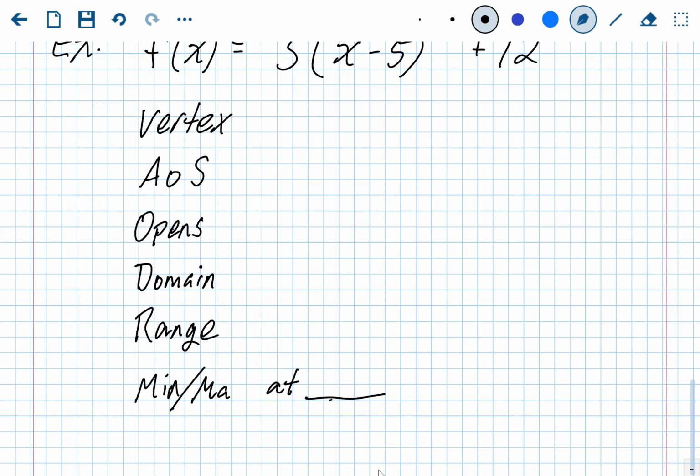So if you want to pause and try this on your own, go for it. Otherwise, we'll go through this.